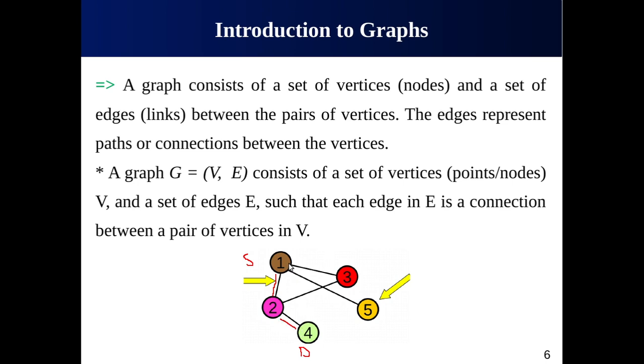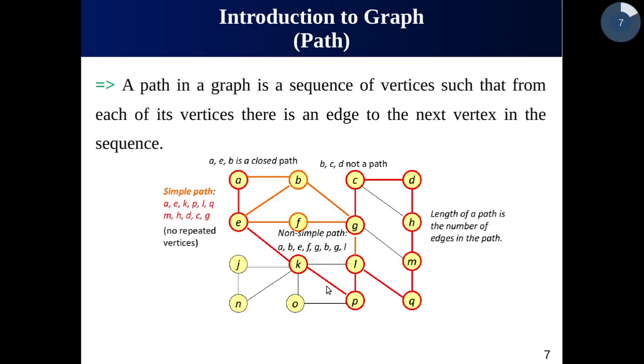The second possible path is to first move to node number 3, then node number 2, and then node number 4. This is our second path. So I'm sure you know the concept of what a path is. Let us elaborate more on the concept of a path. A path in a graph is a sequence of vertices.